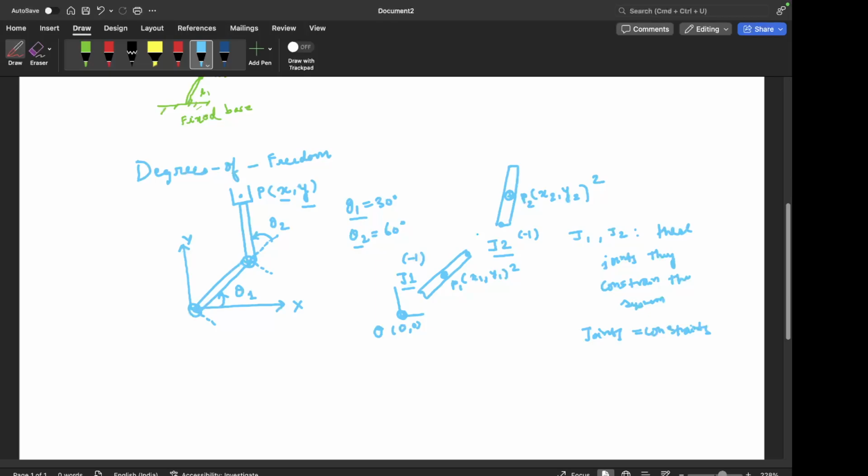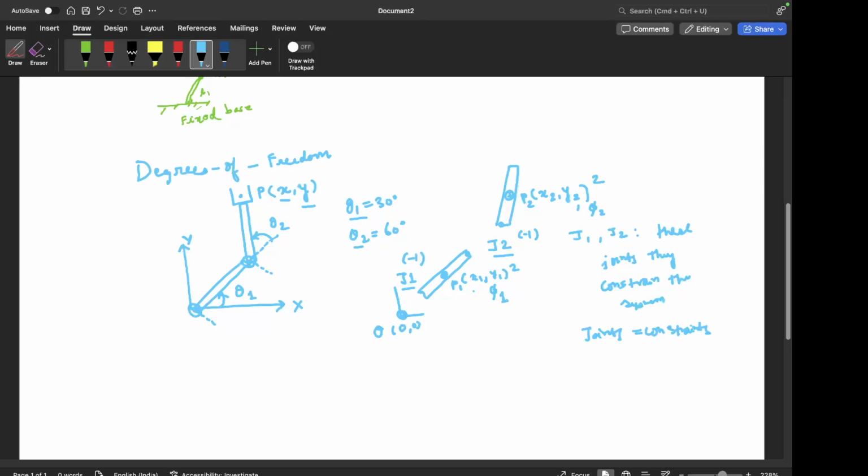In this case, I have not considered the orientation, I've just considered the center of mass of the system. If I consider the entire link, then I should also add one more variable here, the orientation of the link, so phi 2 and phi 1, right?